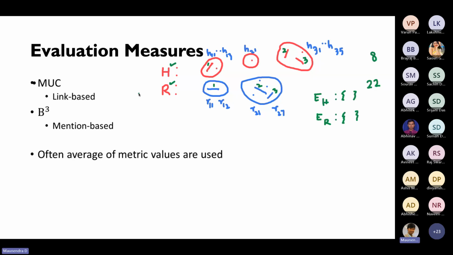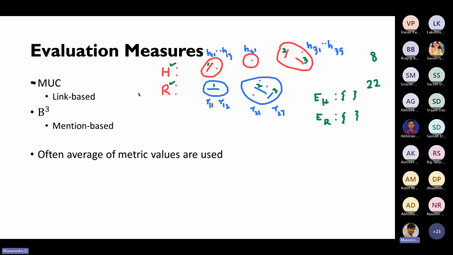And then the next measure, which is B3. So it is mention based. For each mention in the reference chain, that is each individual cluster, we compute a precision and recall. And we take a weighted sum over all the n mentions in the document to compute the precision and recall.